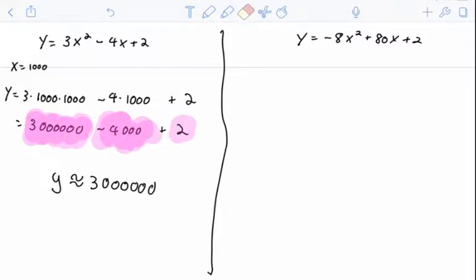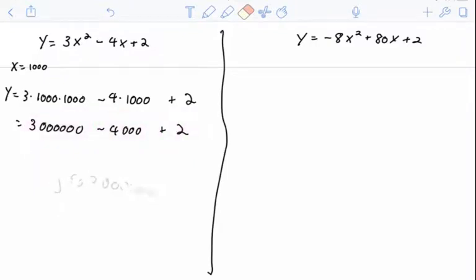Allow me to say this in a different way. The actual output here is 3,000,... wait, hold on.